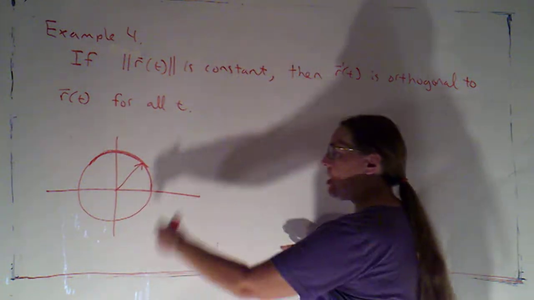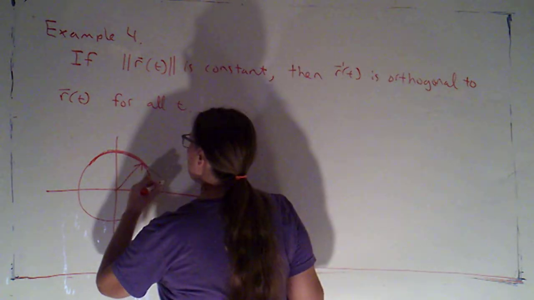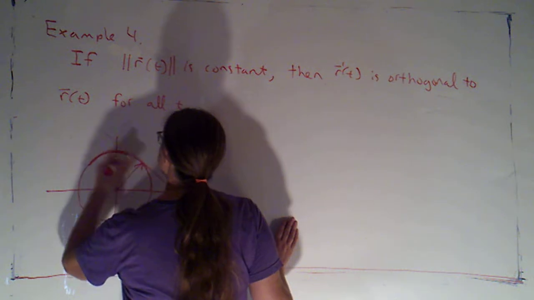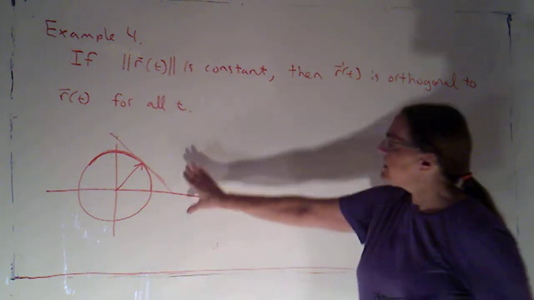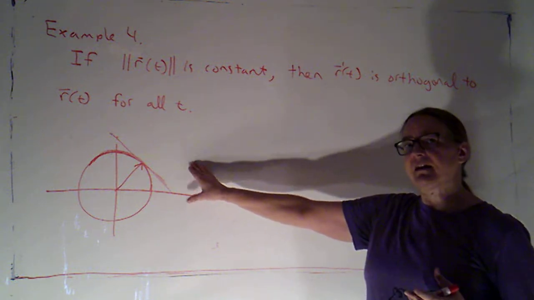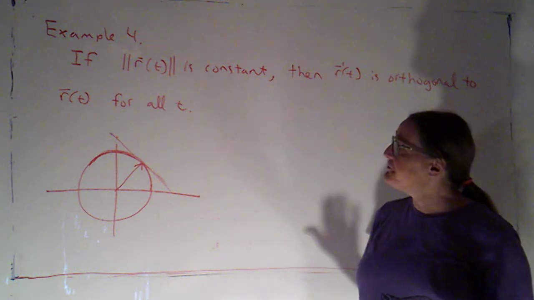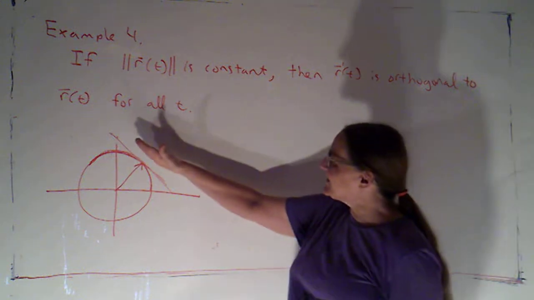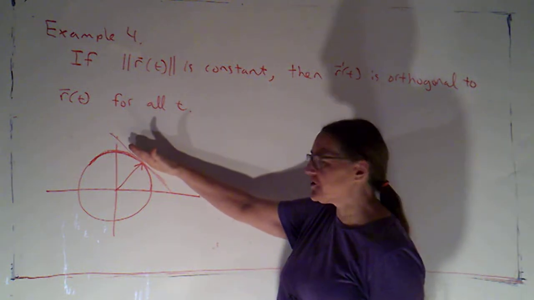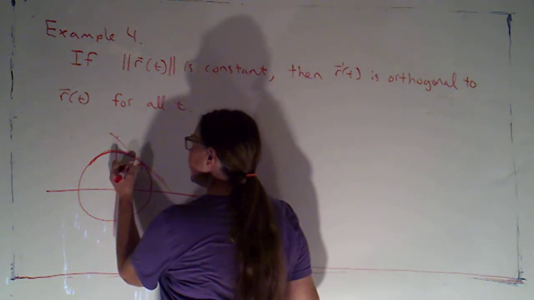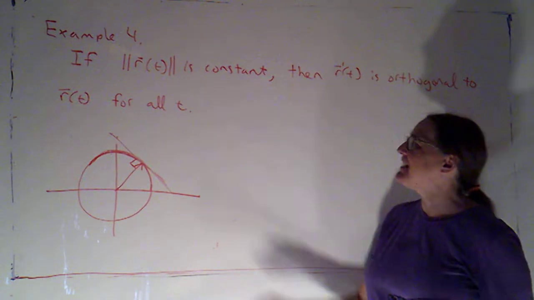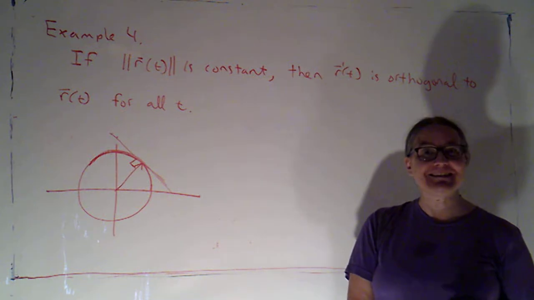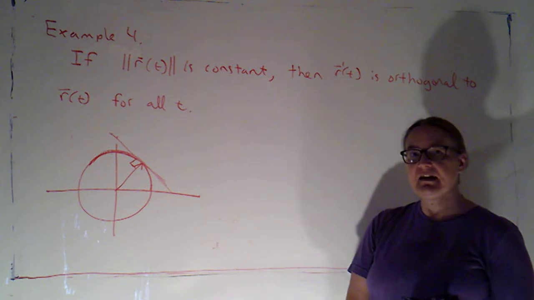If that's my r of t, what's perpendicular to it looks something like this. This is actually stating something that we knew from geometry, that the line that's tangent to a circle at a point meets the radius of the circle at that point at a right angle.